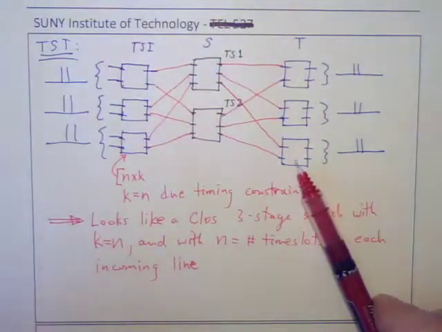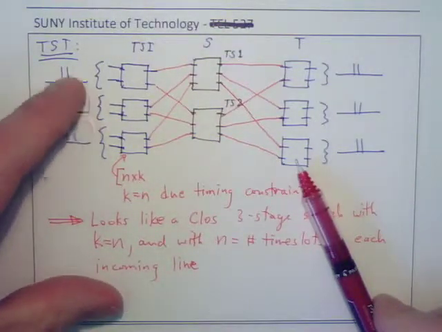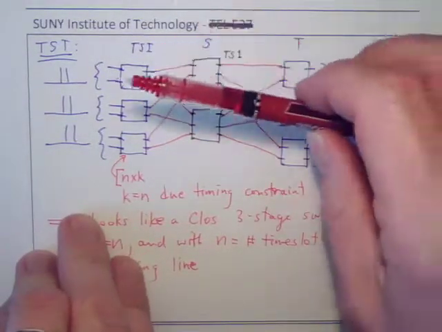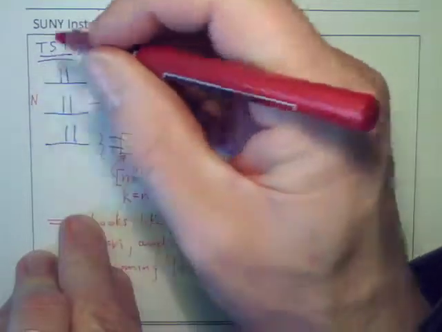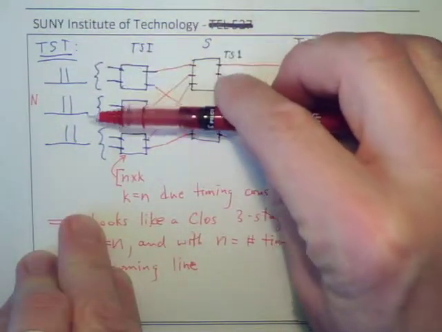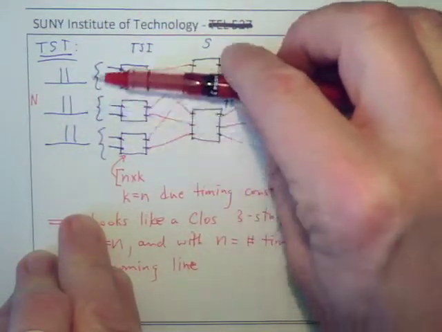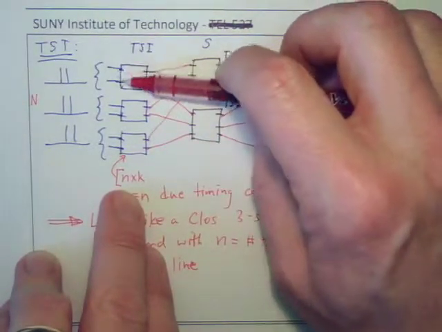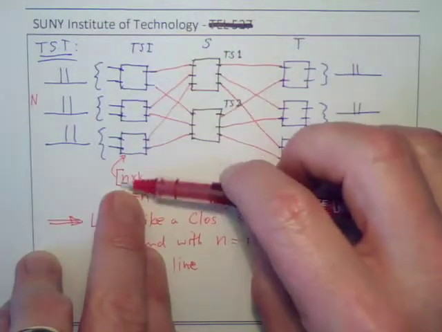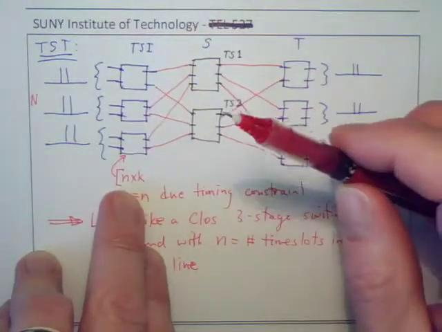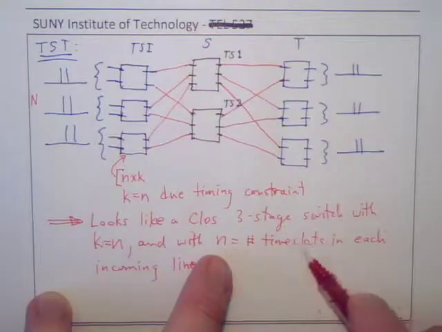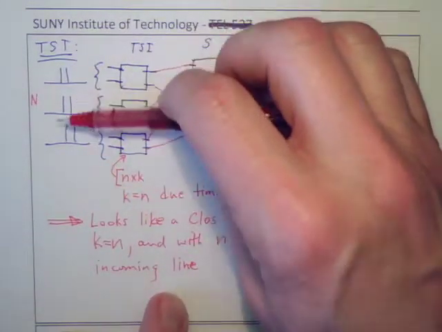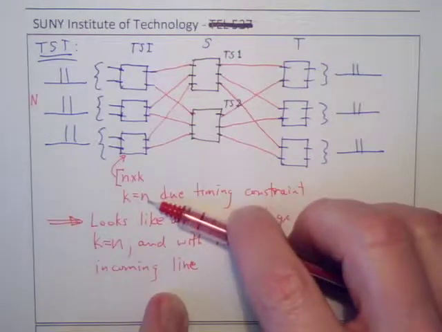On the input side of the Clos network, we divided our big N number of inputs into some number of groups, where big N was divisible by little n, and each of the groups had little n inputs, so that little n had to divide big N. In this case, little n is equal to the number of time slots in each incoming line. So you don't really choose n here.